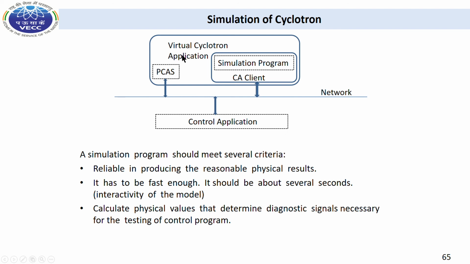It has to be fast enough, and the computation should be about the same order as is obtained from the real-time system. To make the model interactive, real-time response is essential. So it should be able to calculate physics values and generate diagnostic signals. This is necessary for development of a control program.